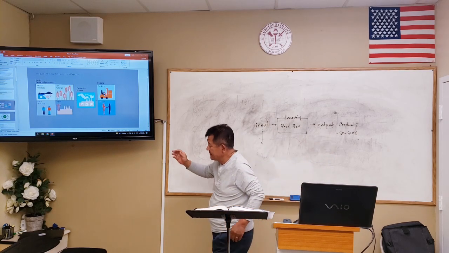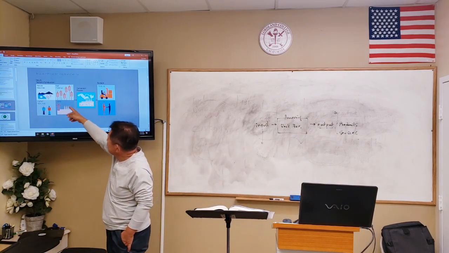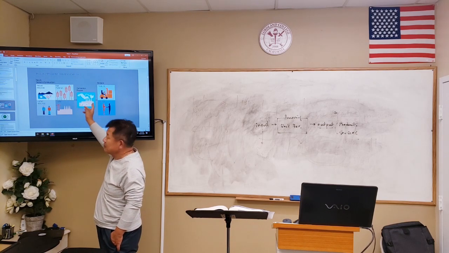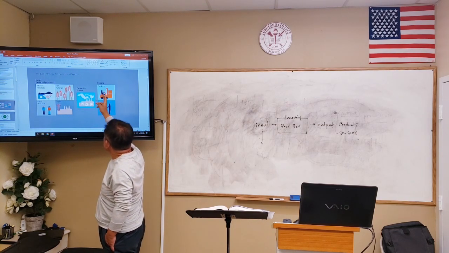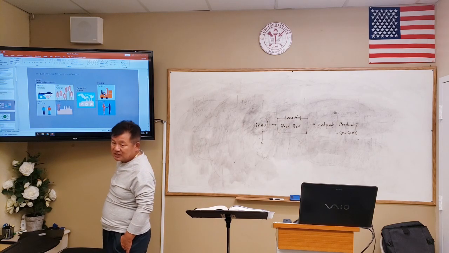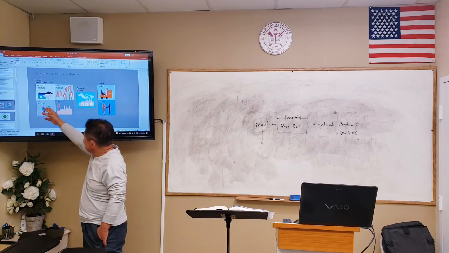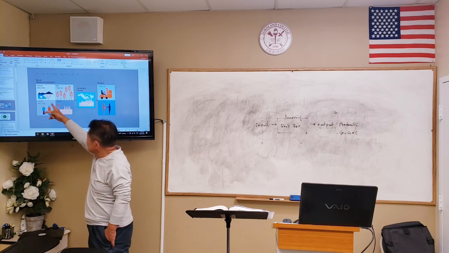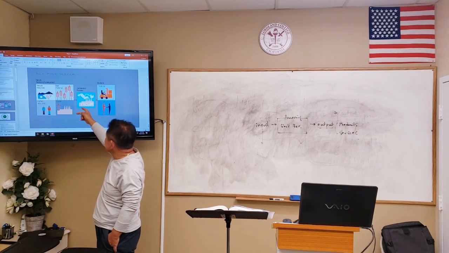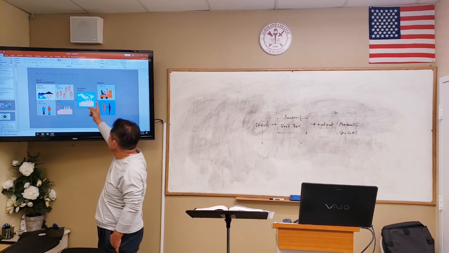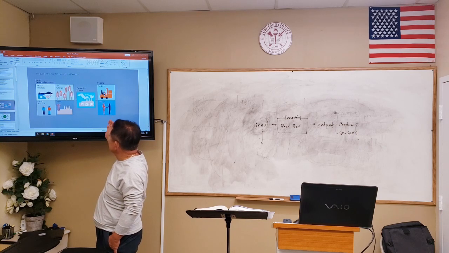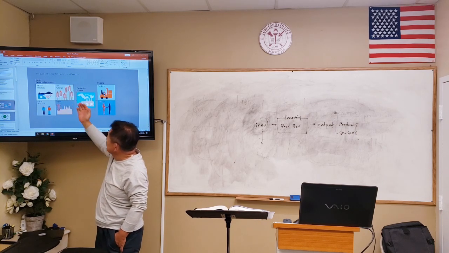Input goes through the conversion process. I call this the black box. This is output, products and services. So human resources, capital, raw materials, natural resources are input, then some kind of processing, and then output. This series of processing we call the production process.